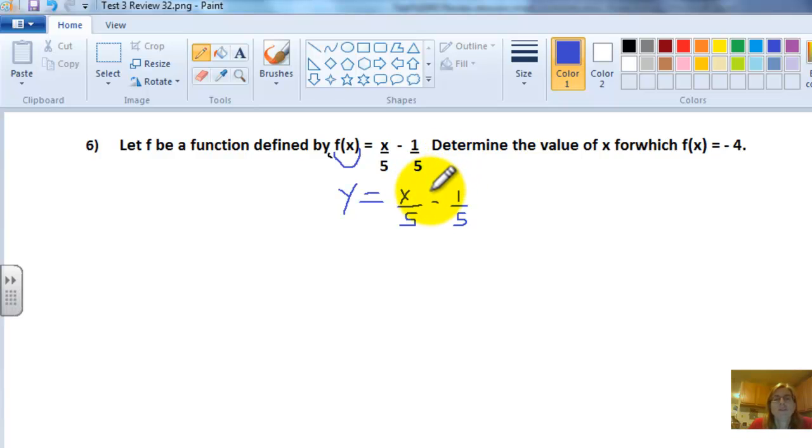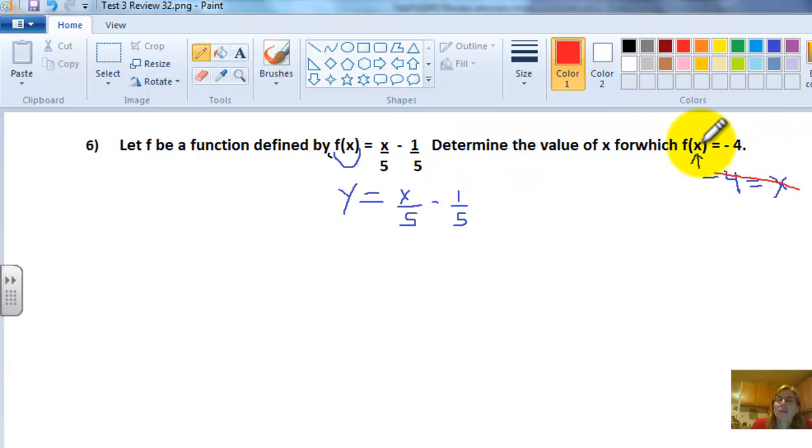Now in this situation, we have f of x equal to -4. That does not mean you plug -4 into the equation as x. It does not mean -4 equals x. What that means is the f of x equals -4. So the entire equation is set equal to -4.